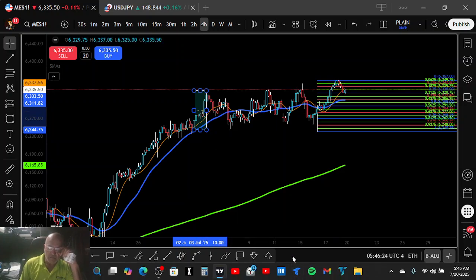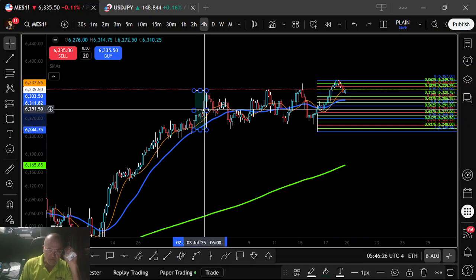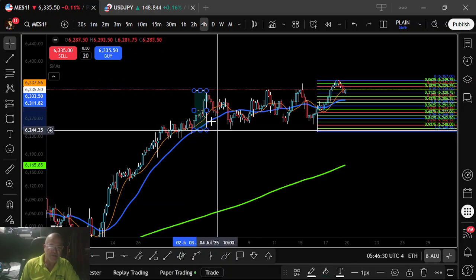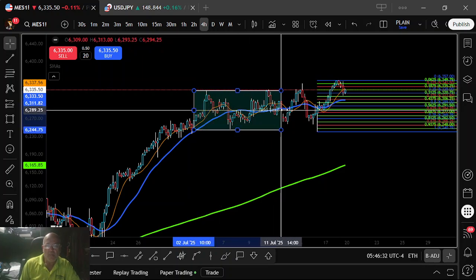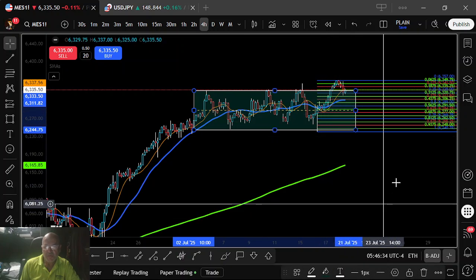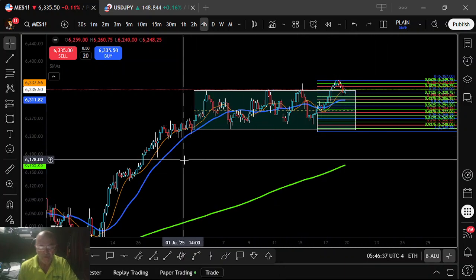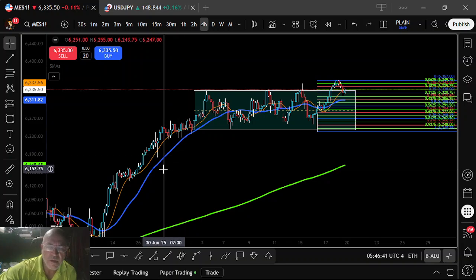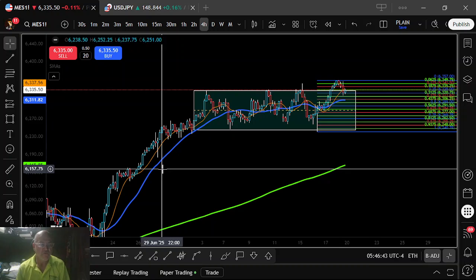Okay. And I already have a template set for ranges. So if I pull that across and now take a look at what's happened on the 4 hour time frame, I can get a little bit better idea of what I might be looking for come Monday morning.